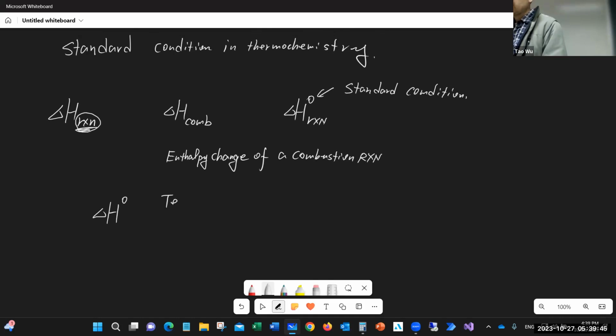One is the temperature: in thermochemistry, the temperature of the standard condition has to be 25 Celsius, or 298 Kelvin. And the pressure is 1 atmosphere.